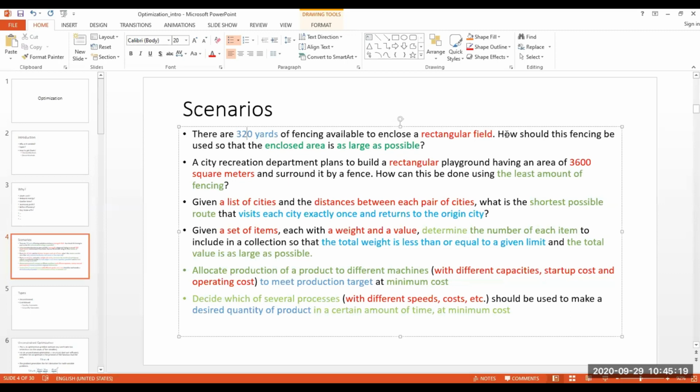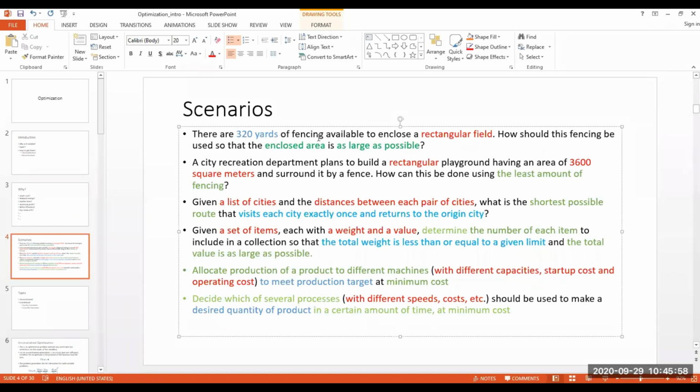So how should this fencing be used? That means how you are going to utilize these 320 yards to create a fence around this rectangular field, okay? So what is your target? The enclosed area is as large as possible. The green colored portion basically gives you the idea whether you are looking for maximization or minimization or some sort of trade-off. So the green colored portion tells you whether it is a maximization problem or a minimization problem.